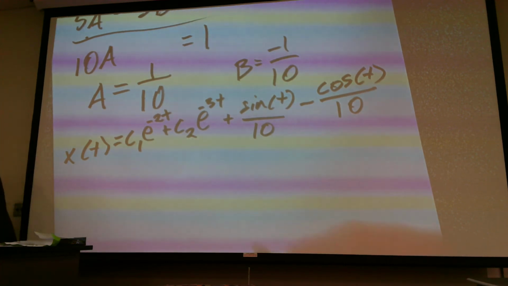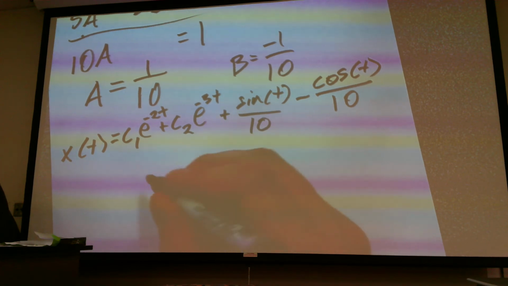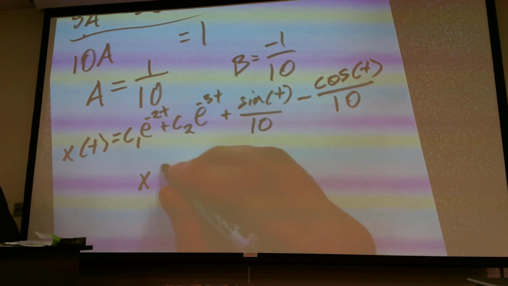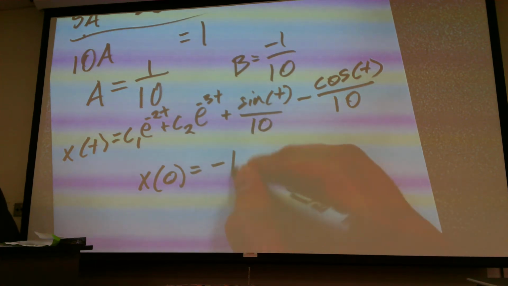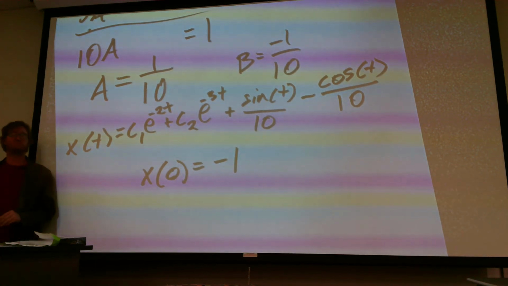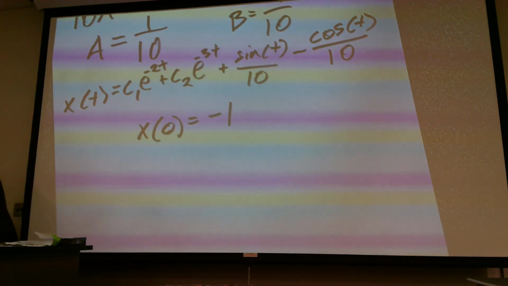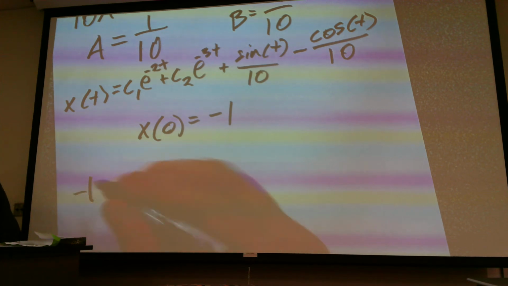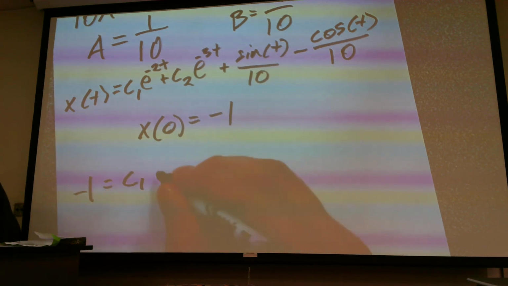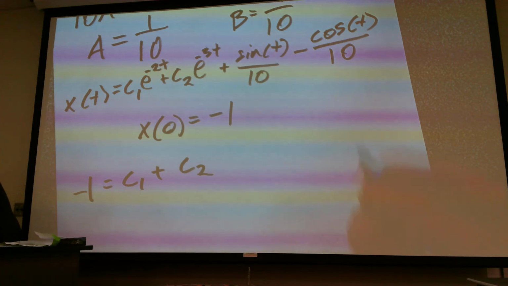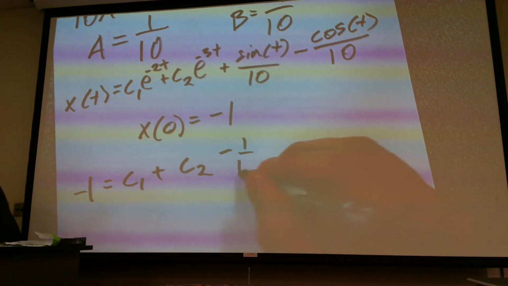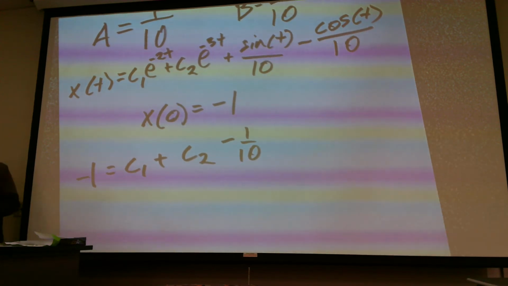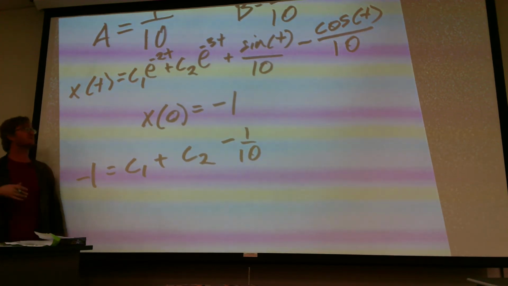So we have x of 0 is going to equal negative 1. So that would give us negative 1 is going to equal c1 plus c2, and then minus 1 over 10, because cosine of 0 is 1, sine of 0 is 0.